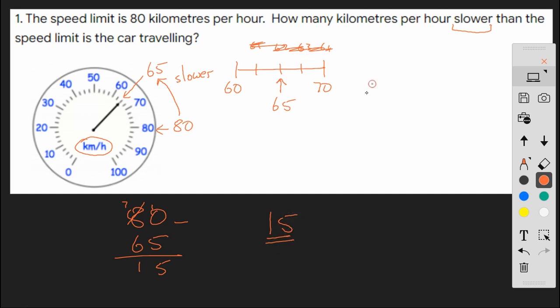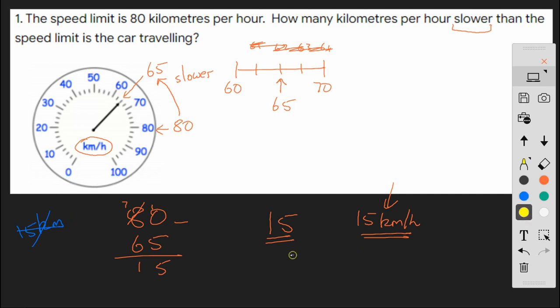Now, we were asked how many kilometers per hour, so fine, if you want to give those units, that's okay. But because I didn't say how much slower. If I'd said how much slower, then your answer would have to be that one. But because I've said how many kilometers per hour, then just 15 is okay. If you'd answered, by the way, in kilometers, then that is going to be wrong, because that's not a speed, that's a distance.